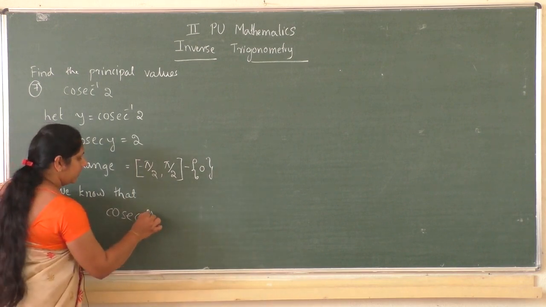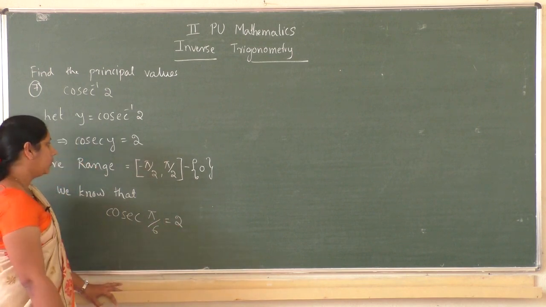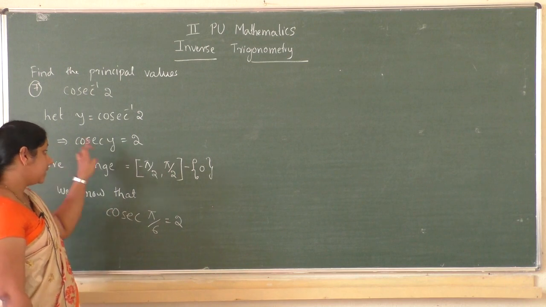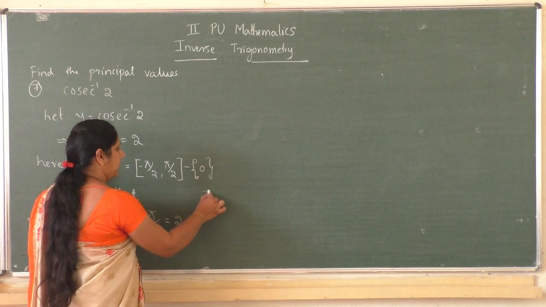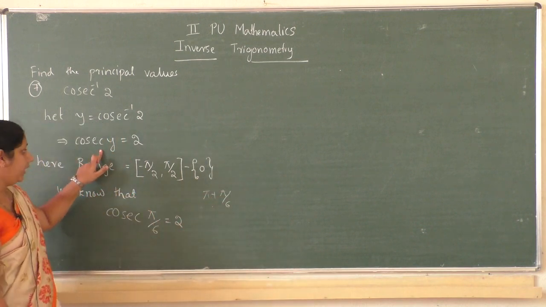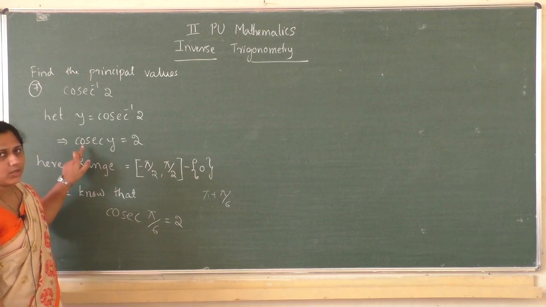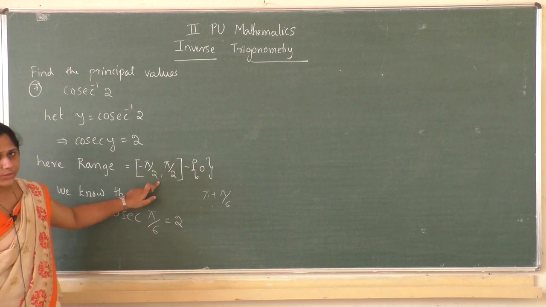So we know that cosec pi by 6 equal to 2. One more value will satisfy this equation in second quadrant, that is pi minus theta, that is pi minus pi by 6. This value of y also satisfies the equation cosec y equal to 2, but this value does not belong to the required range.